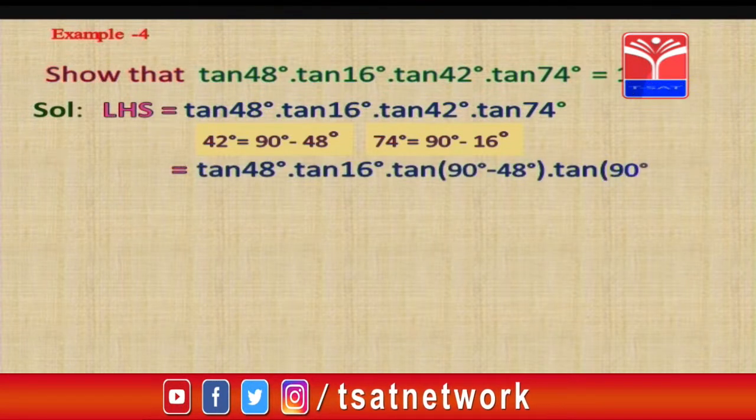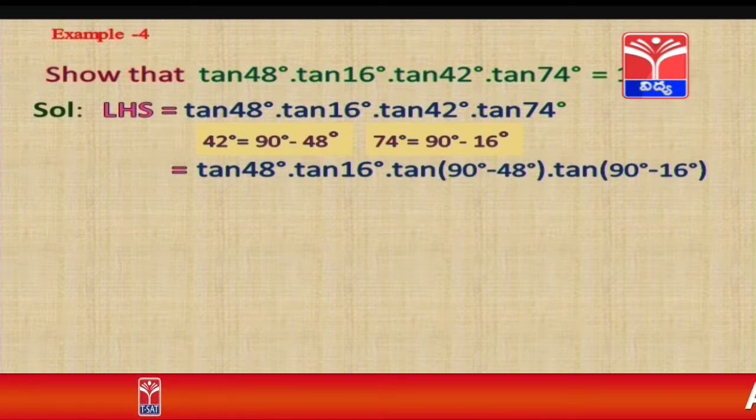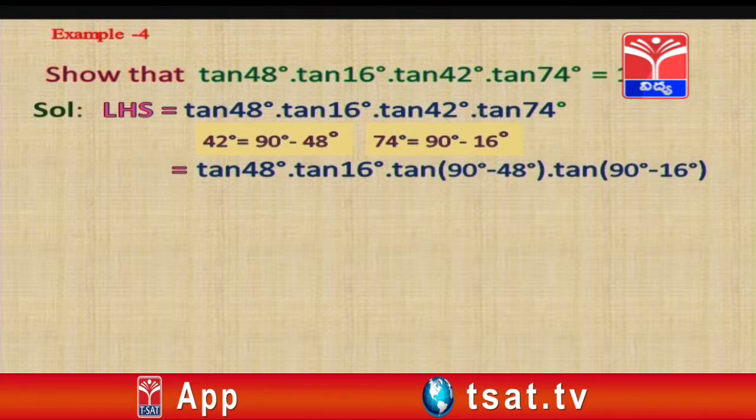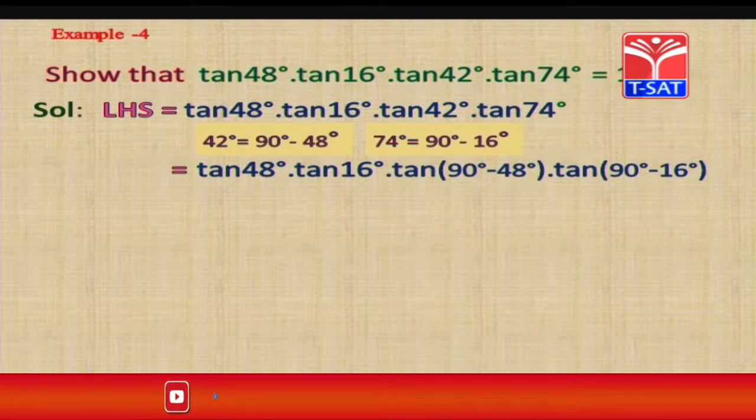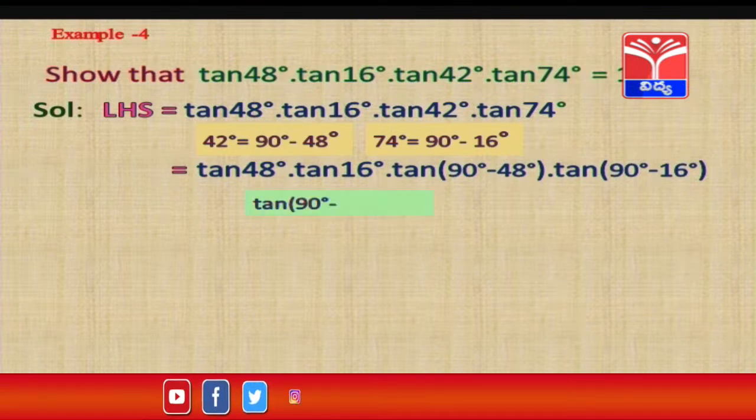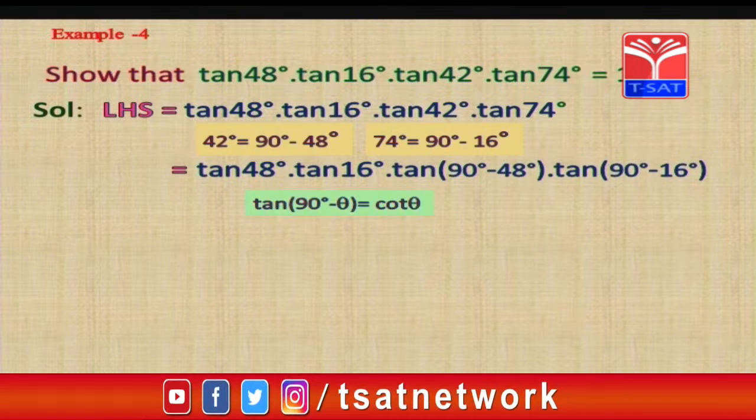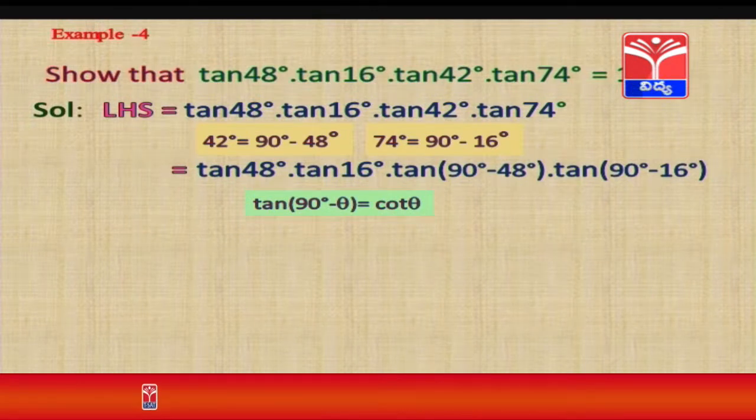Now, please see, we have a formula: tan of 90 minus theta is nothing but cot theta, is it right?